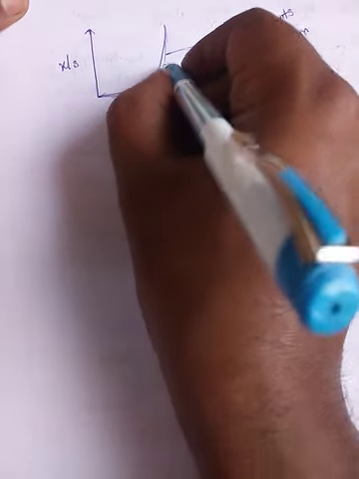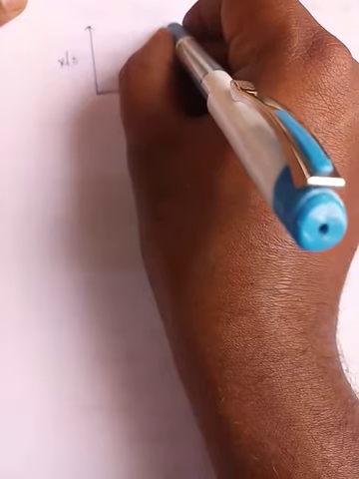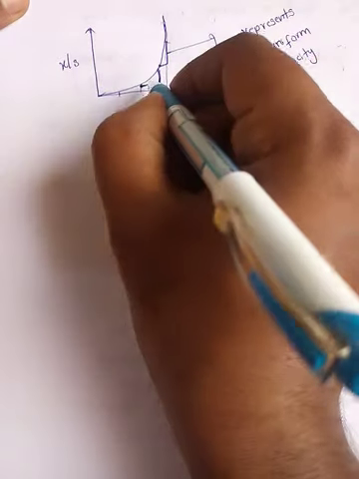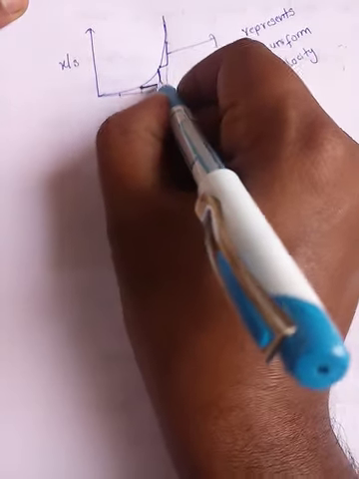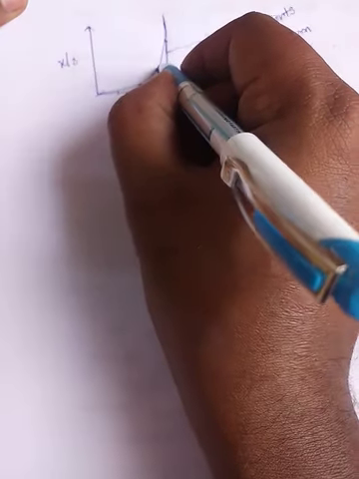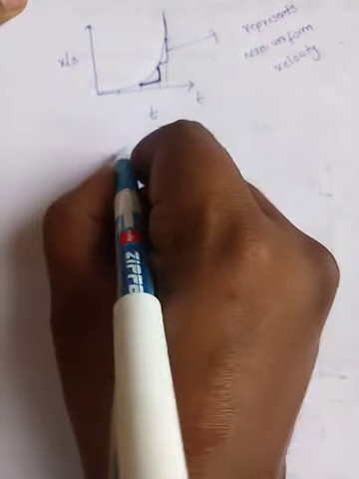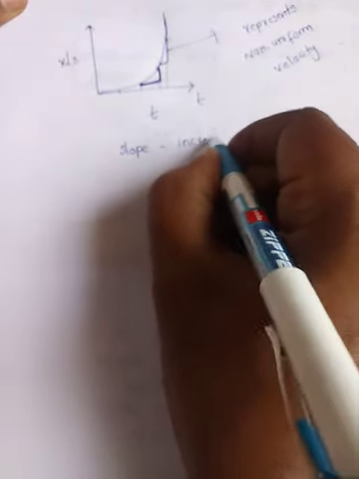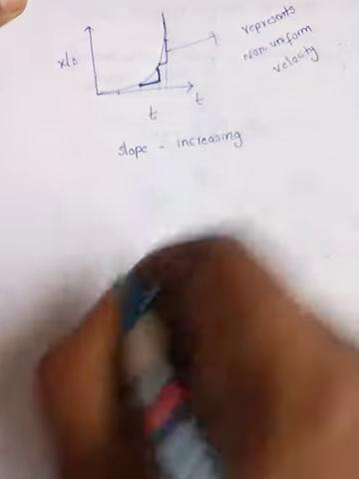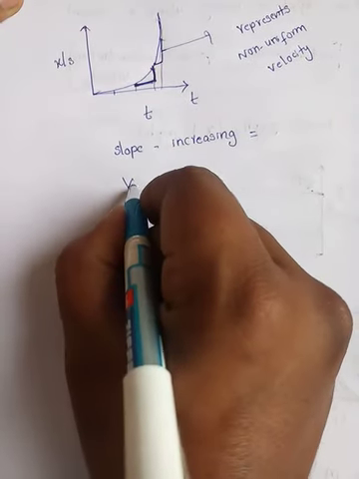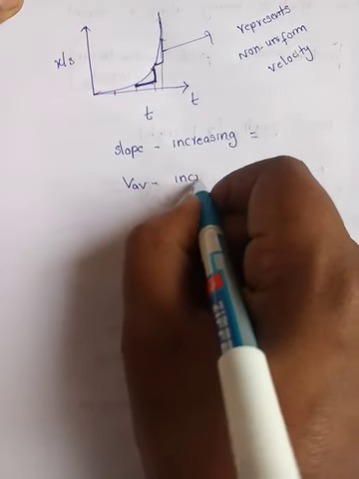If you take the slope, what happens at each and every point? Is the slope increasing or decreasing? Increasing. See here, t2 minus t1 is more, distance traveled is less. Here time is less, distance is more. Slope is increasing. Slope in this graph represents average velocity. So average velocity also increases.